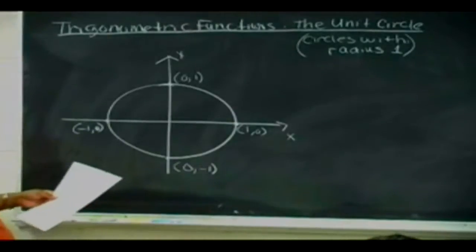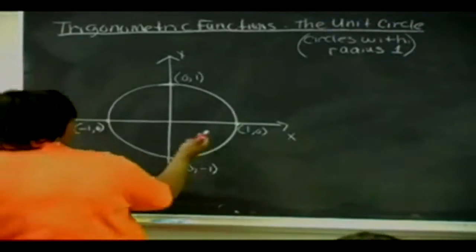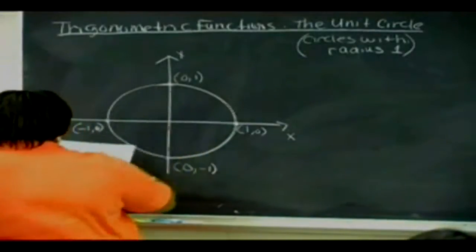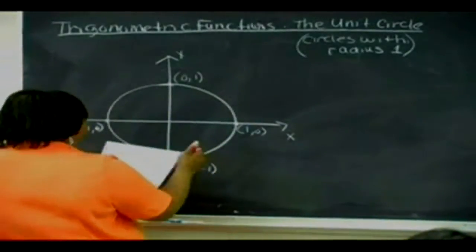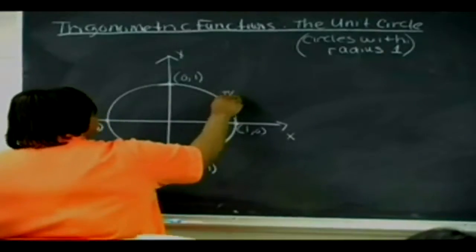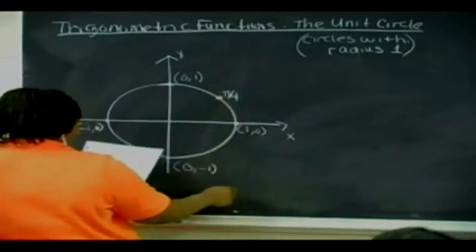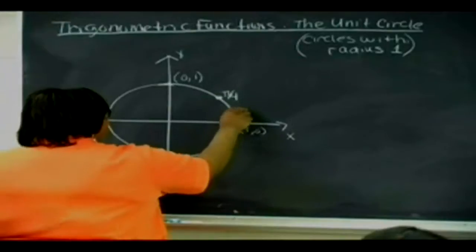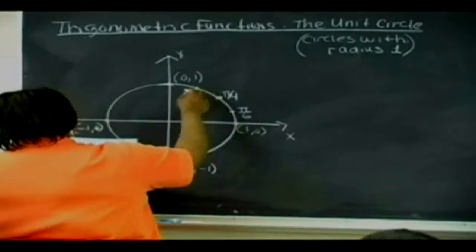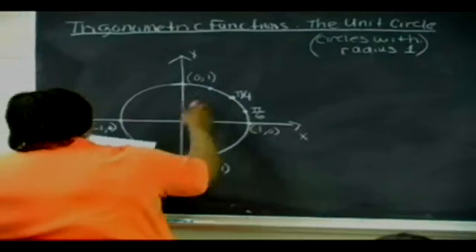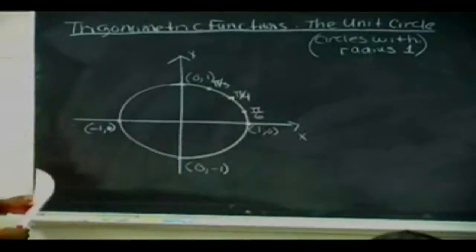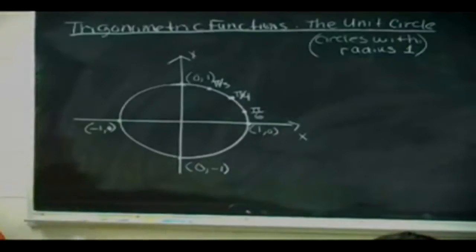Now, we can go through and we can label points. We said from here to there was 1/4 of a revolution. Well, we can break that down even more to where we can have something like pi over 4 or pi over 6. And up here, pi over 3. And these are just a few of the common angles that we have.